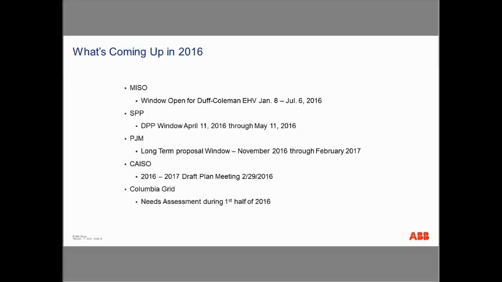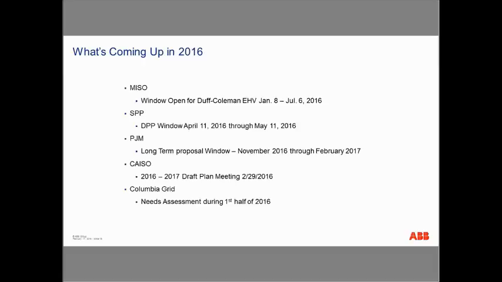They already have information out on their website as far as models and stuff for stakeholders to review, so they're well down the road in their process. And so when the window opens, hopefully they'll get lots of participation and lots of good solutions for their transmission needs.